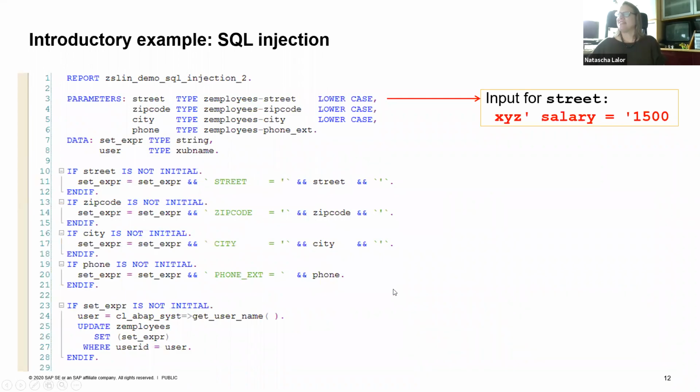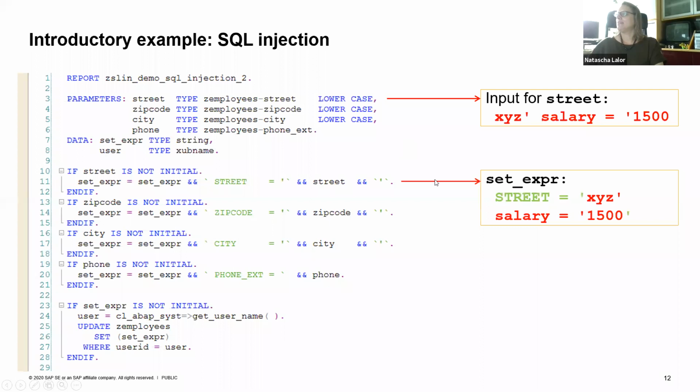Good, yes. So that was actually the person seen it already, possibly the typical SQL injection. So again, you have a salary field here, or variable. So what we expect is basically just a street change, for example. What is happening here is the SQL injection saying salary is 1,500.